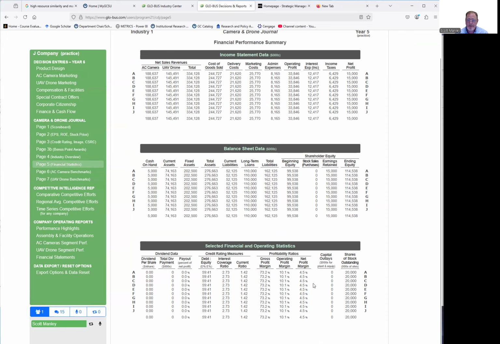I'll go over this in much better detail for you as we get into the semester. You can see how much dividend your competitors are paying. You'll see the total dividend payout, the payout ratio, everybody's debt to equity ratio, interest coverage ratio, and total number of shares of stock outstanding.